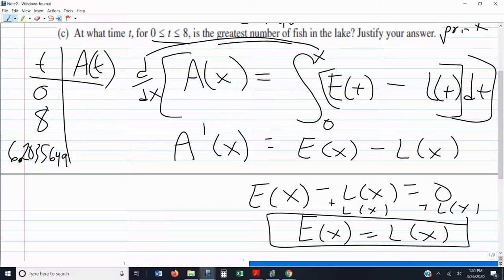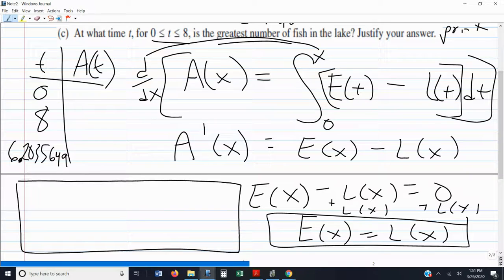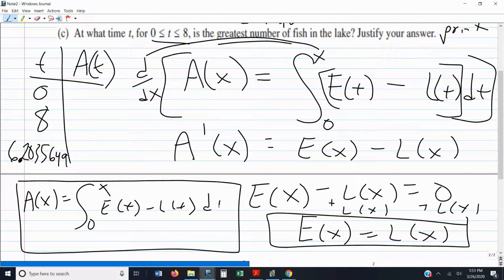So the last part is plugging that into the function. And I'm going to rewrite our function here. So we had A of x, and then from 0 to x, E of t minus L of t. And that's bringing us from the rate of change that the fish are entering and leaving to just the actual amount of fish that are entering and leaving.